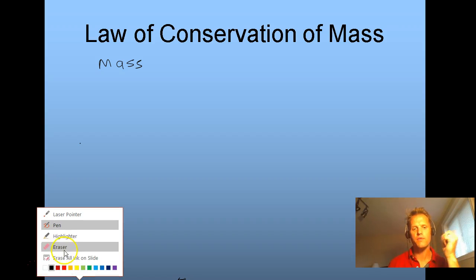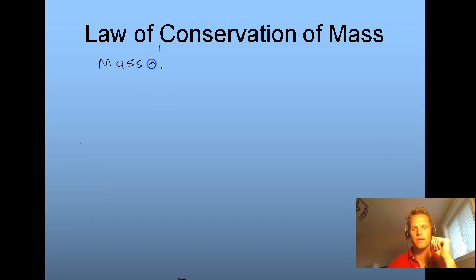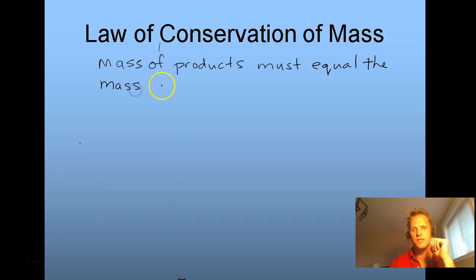So the law of conservation of mass is basically this. The mass of products must equal the mass of reactants. Now you should have seen this in the lab that we did before this.